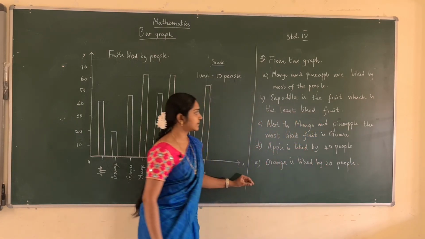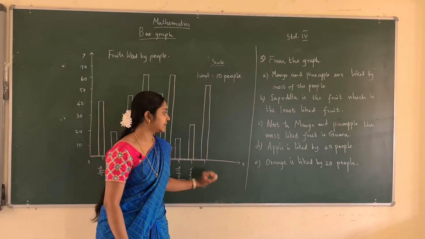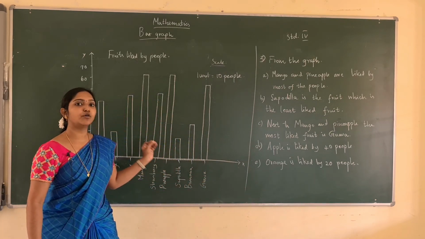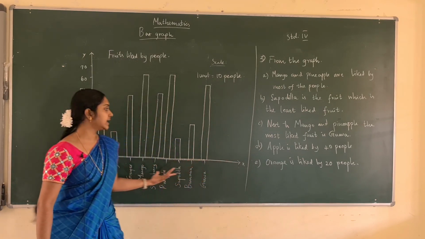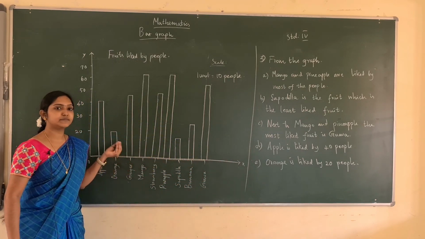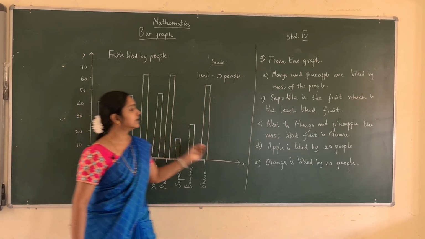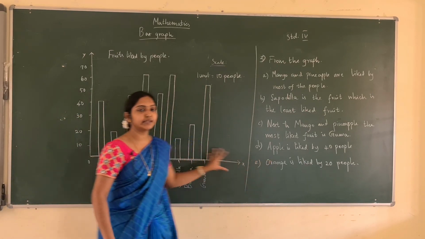These are the 5 inferences that I have written from the graph. You can write more than 5 also, or other than these 5 you can write any other 5 inferences from this graph. But I have written these 5 inferences from the given graph.